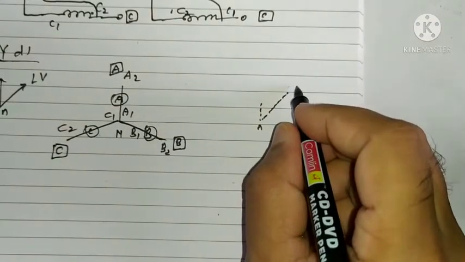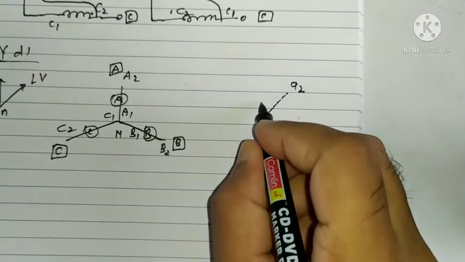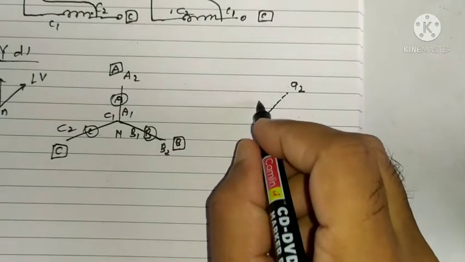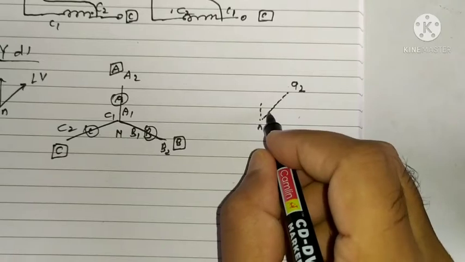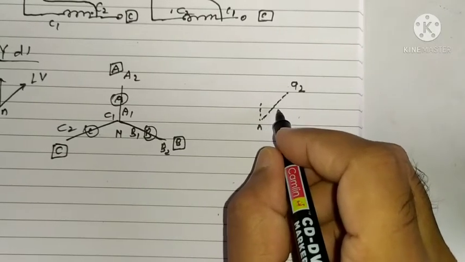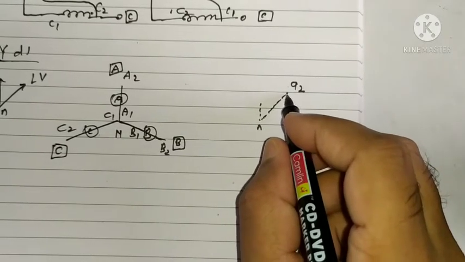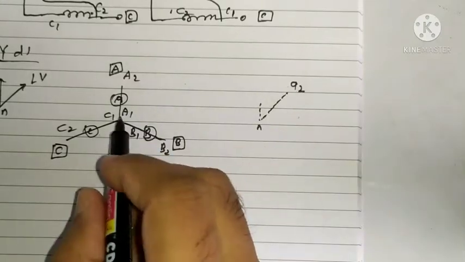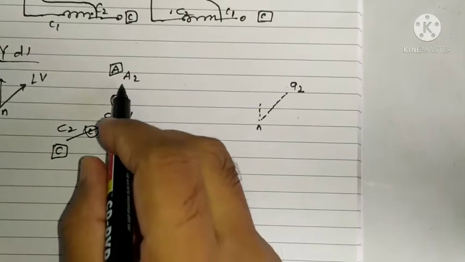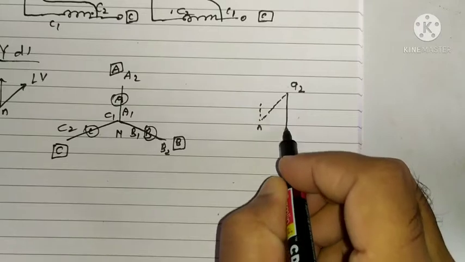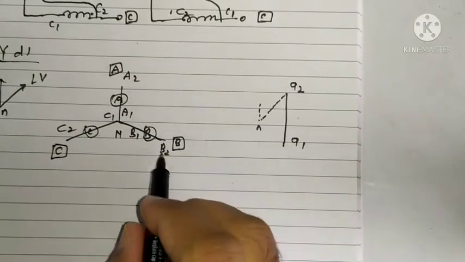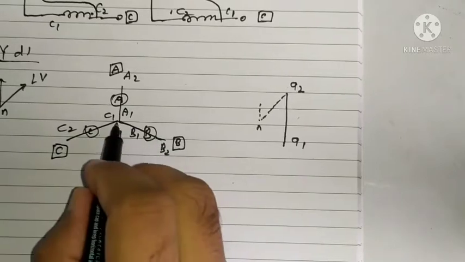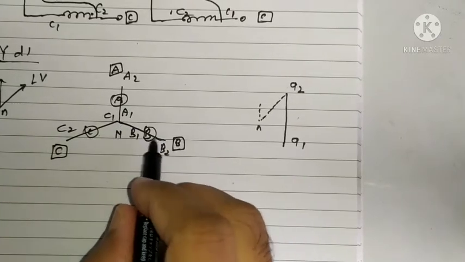And it will come from A2. So this is A2, this is 12 o'clock, this is 1 o'clock. So 30 degrees phase difference there, and the A2 locus is available. Now A2 to A1 must be parallel to the A arm. So it is perpendicular. So A2 to A1 is drawn here. B2 to B1 will be parallel to the B arm.